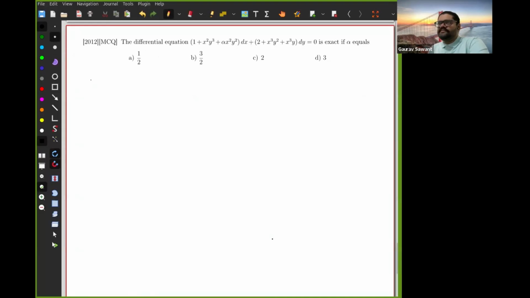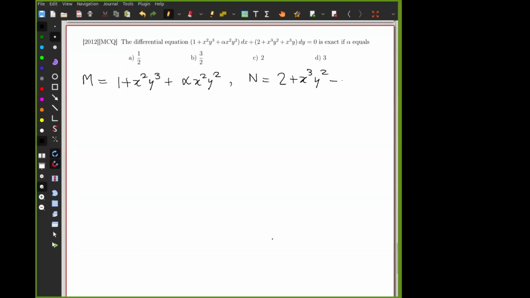So let's just quickly solve it. My M is 1 plus x square y cube plus alpha x square y square. My N is 2 plus x cube y square minus x cube y.